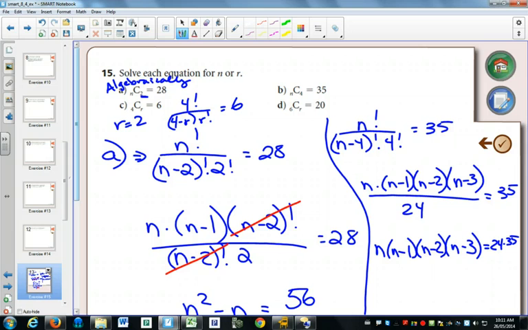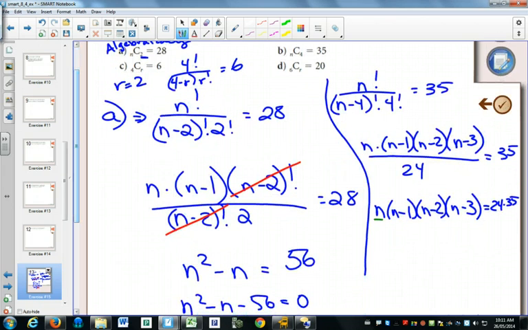Now the nicer thing to do in this situation is to recognize these 4 numbers are consecutive, because they're always one less, one less, one less, one less. They're all multiplied together. Could I break up the 24 times 35 to get 4 numbers multiplied together? Now there's more than one way to do that, but how could I break up 24? 4 and 6. Okay?